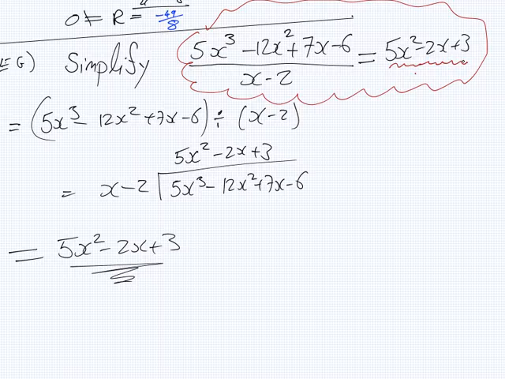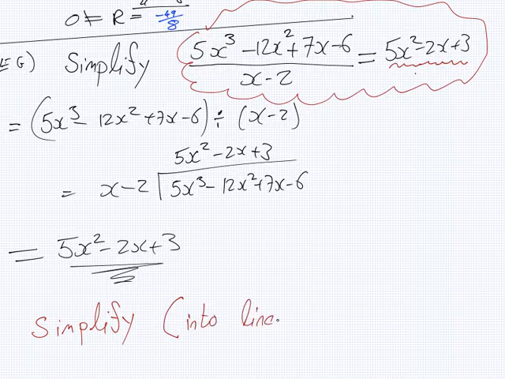How might they say that in the question? If they wanted you to factorize it, they might say simplify and then factorize into linear factors. If they said that, it would mean that they want you to write the answer with two factors, okay?